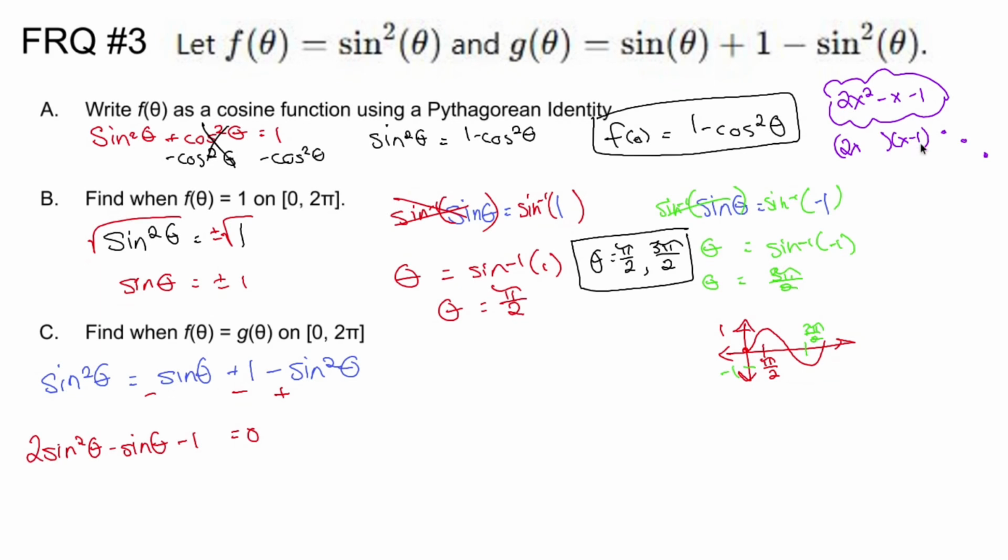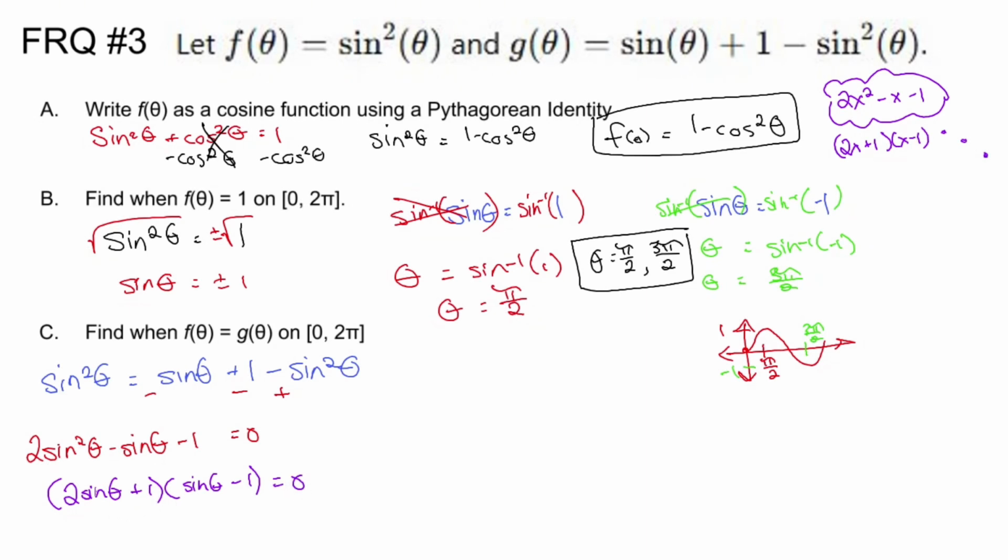If we make that minus 1 and plus 1, I think that would work: 2x squared minus 2x plus 1x minus 1, that'll do the job. So taking this and using sine theta instead of x, this factors out to 2 sine theta plus 1 times sine theta minus 1 equals 0.